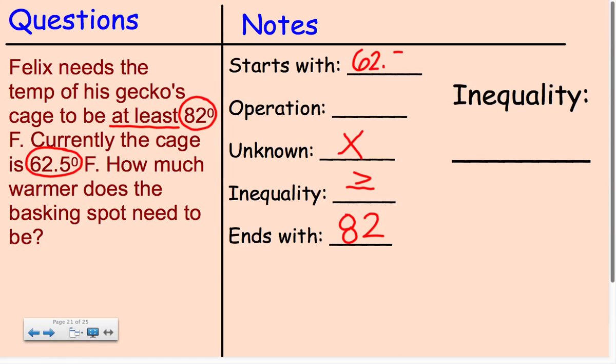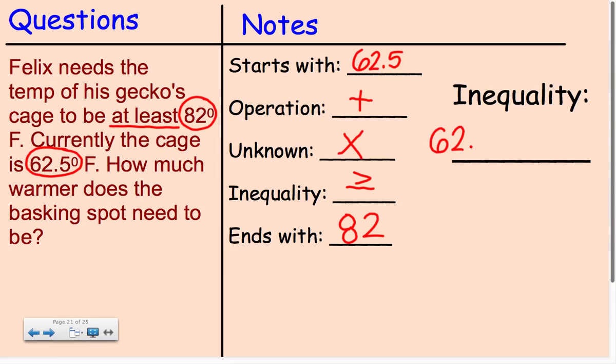So now I just have to figure out what my operation should be. If we're at 62.5, we need to know how much warmer does it need to be to get to 82. That would be addition. How much do I need to add to 62.5 to get it to the temperature it needs to be?